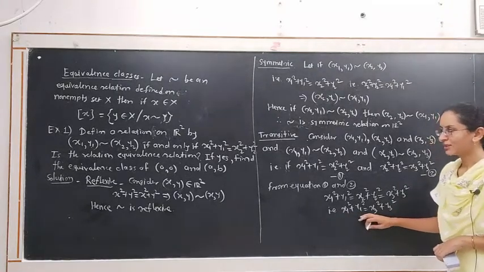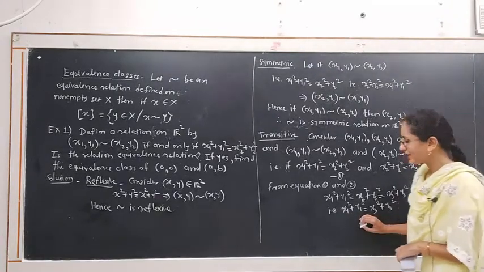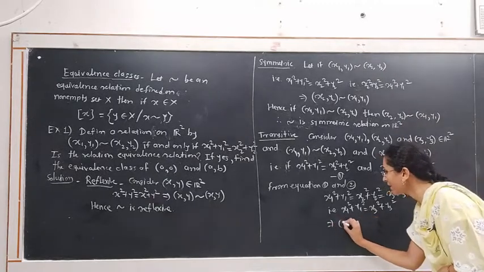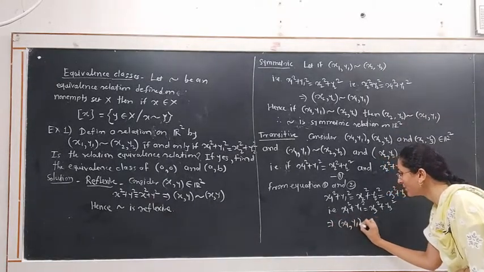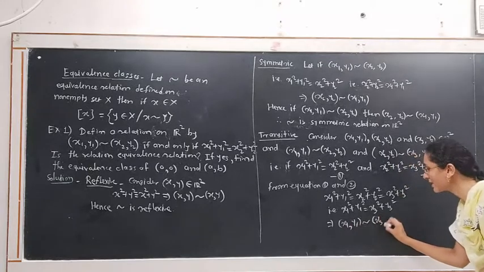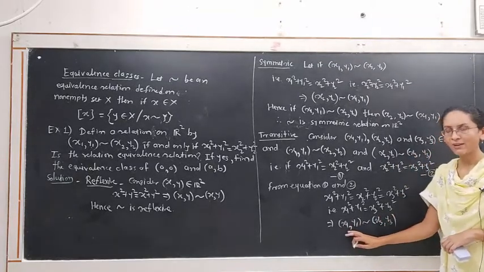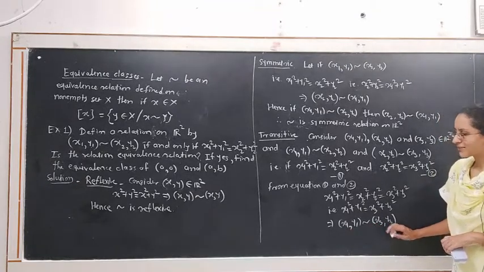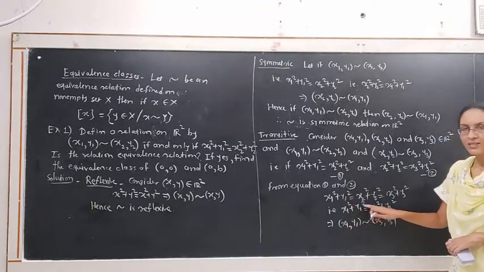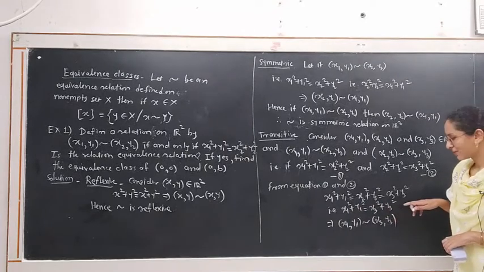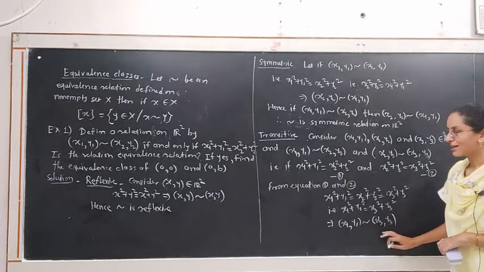From this condition, we say that (x1, y1) is related to (x3, y3) because the coordinates of these two points satisfy the condition x1 square plus y1 square equal to x3 square plus y3 square. Therefore they are related.